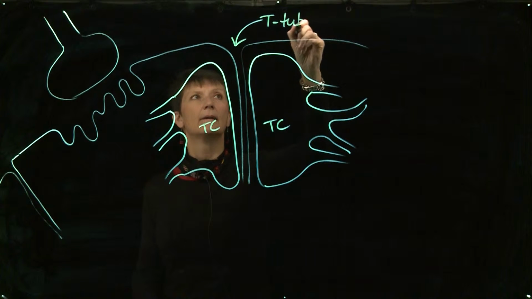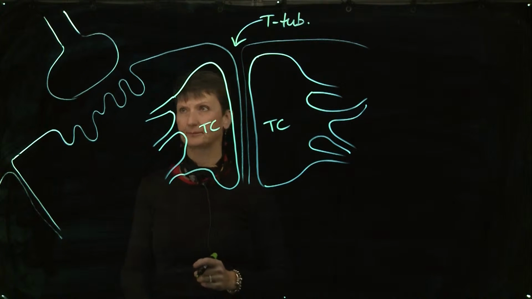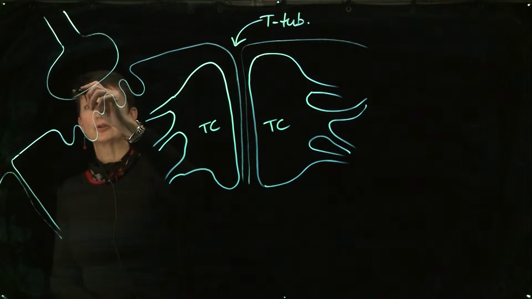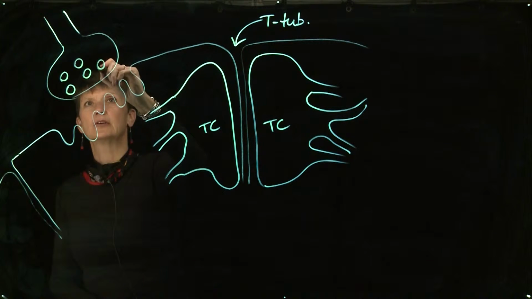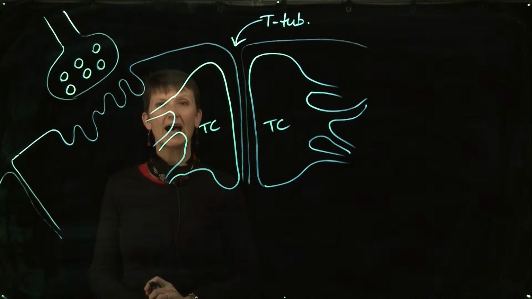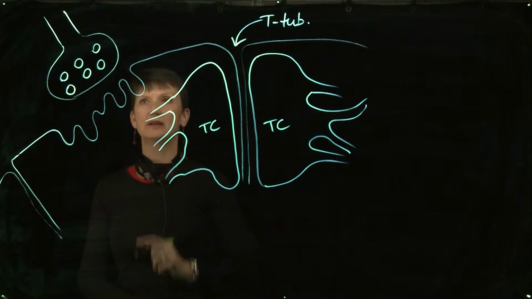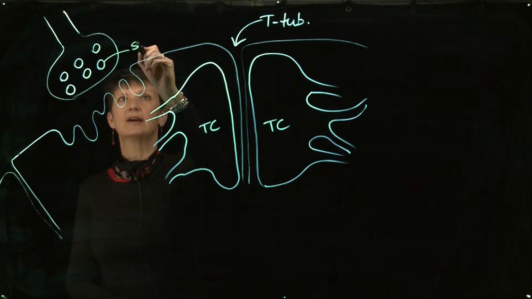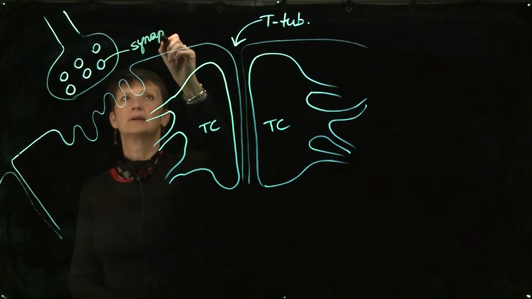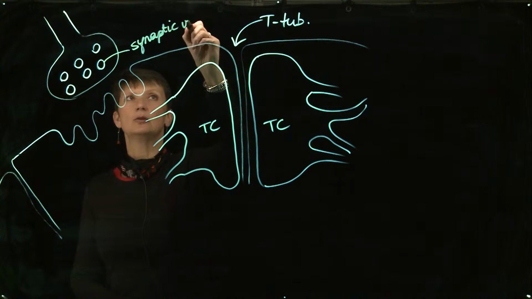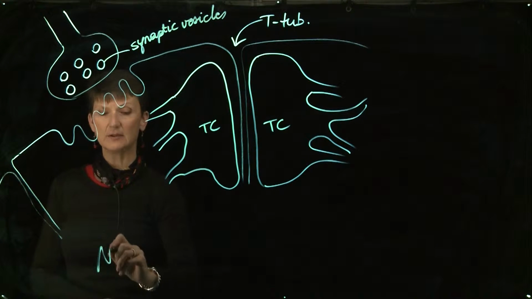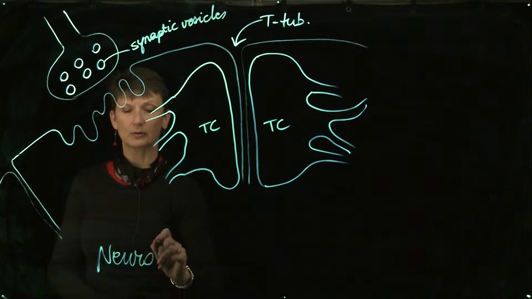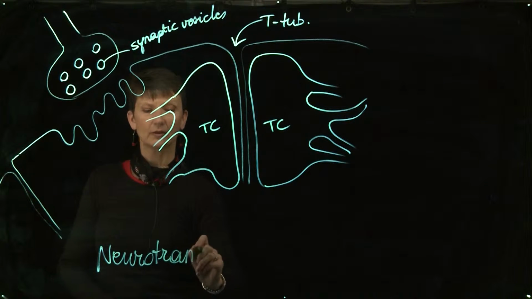That also means that I need to add some of our sarcoplasmic reticulum, and rather than drawing all of the sarcoplasmic reticulum, I'm just going to show you the terminal cisternae as these sac-like structures like so that give rise to this tubular system. And on either side of these T-tubules, remember, we always have a terminal cisterna.